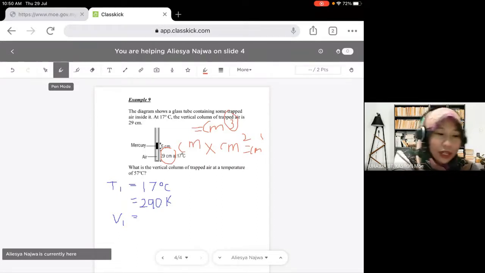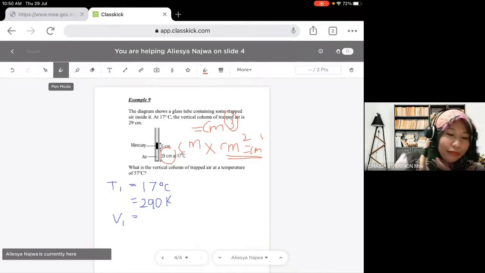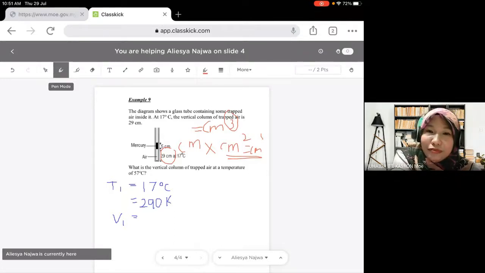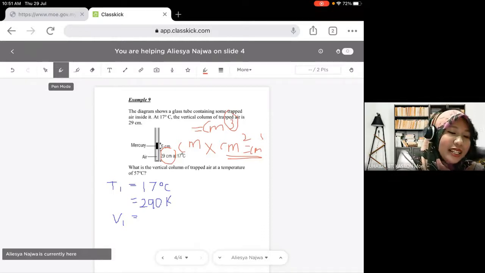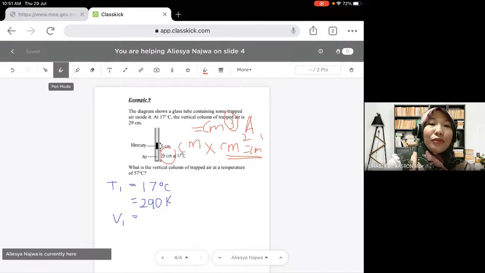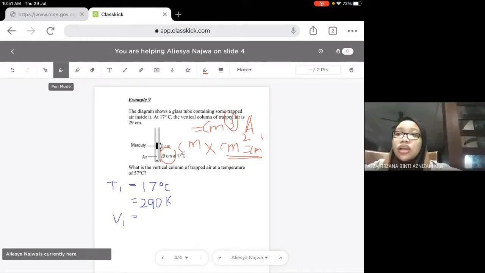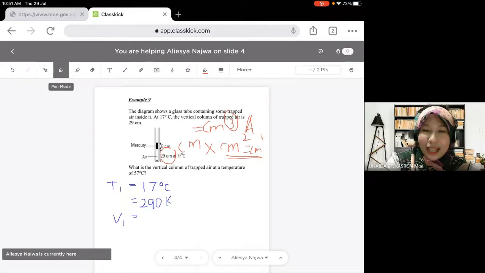So how to write V1? Any idea? Let's say the area is A. What do we write for V1? Because V1 is the volume, and the information given is in centimeter length. So what must you write for V1? 29 centimeter cube. Very good.